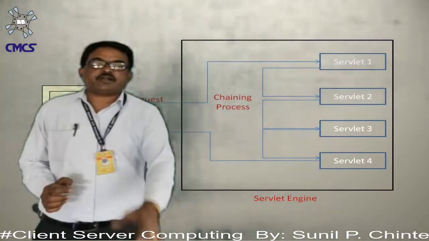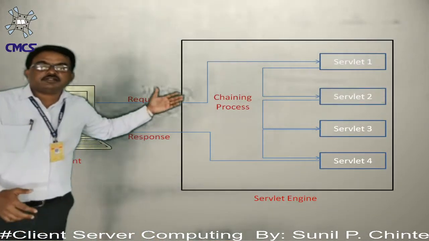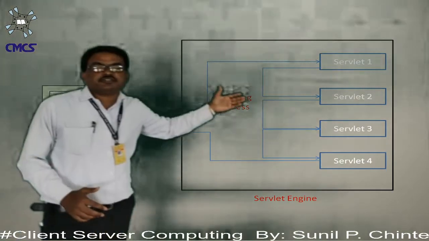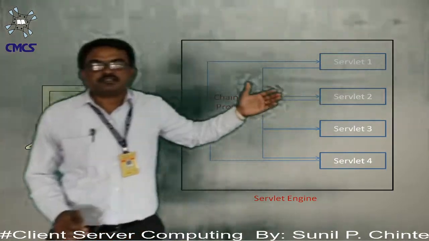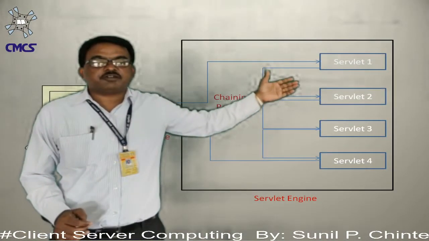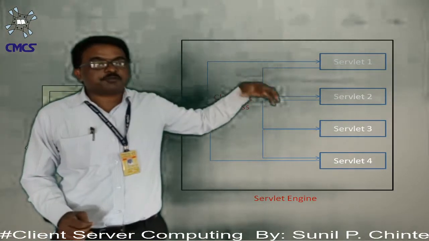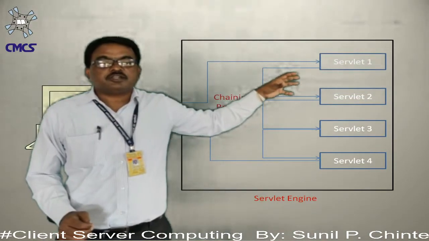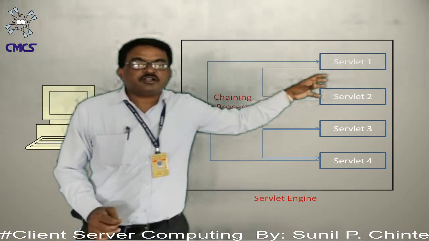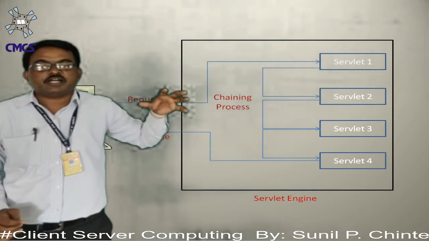Here the client sends the request to the server. The server calls the specific servlet for processing the request, but the requested servlet will not give the response to the client.